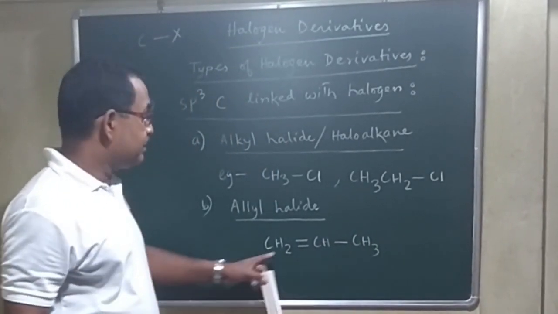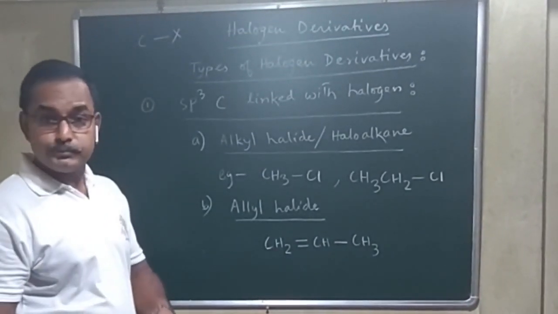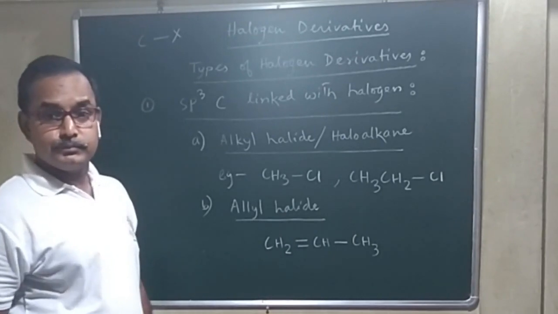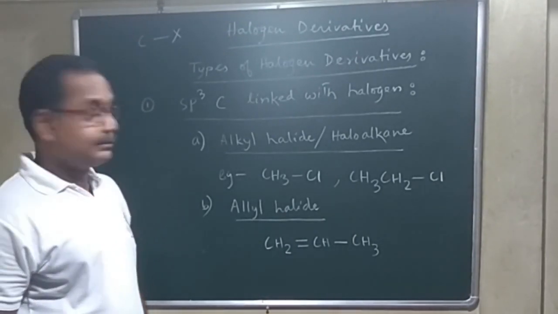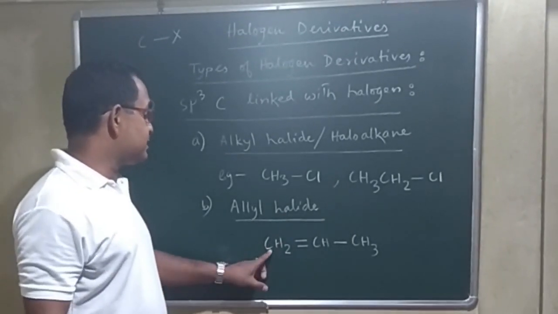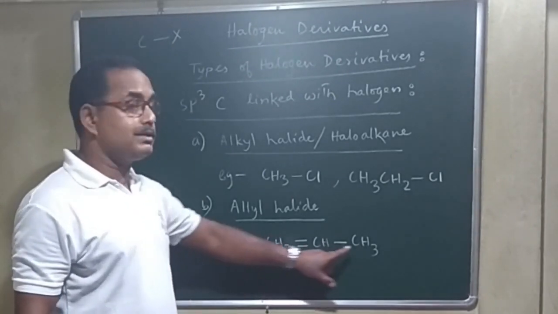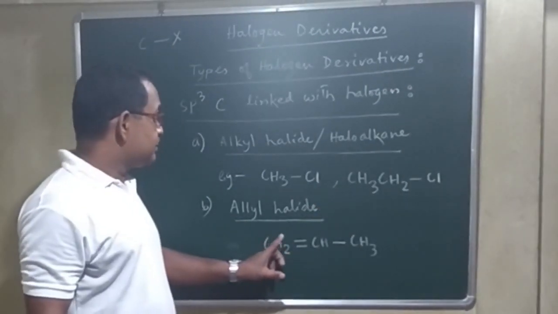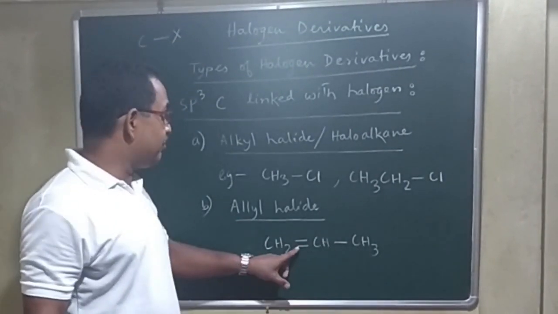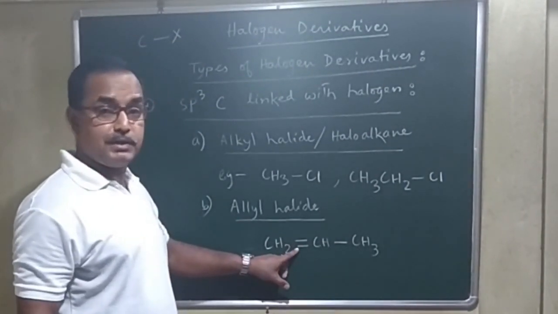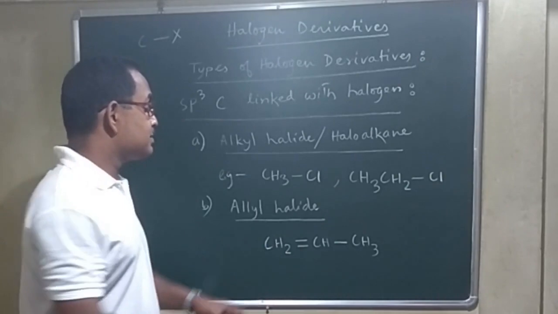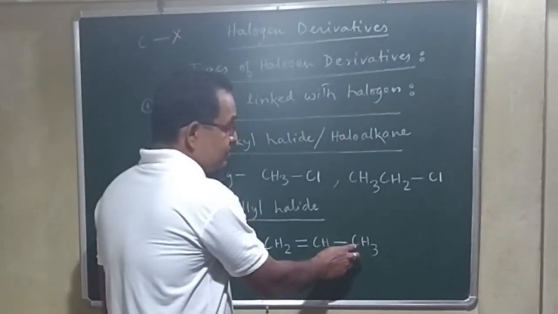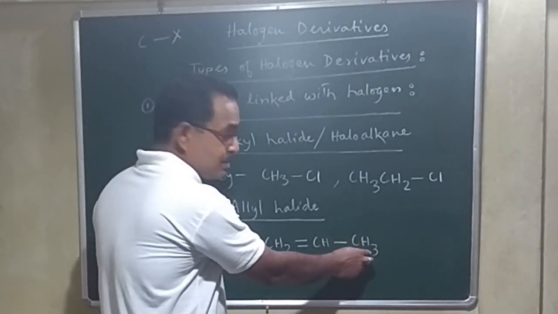What is this? This is propene. In propene, you see, this is carbon number 1, carbon number 2, this is carbon number 3. So position 3 with respect to double bond, with respect to alkene, this is called allyl.